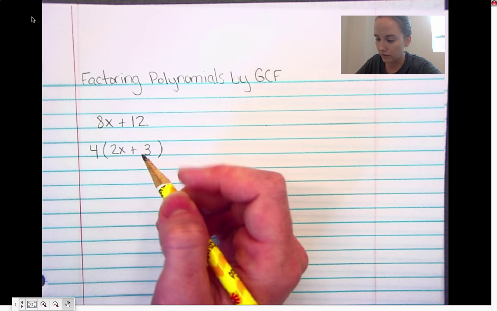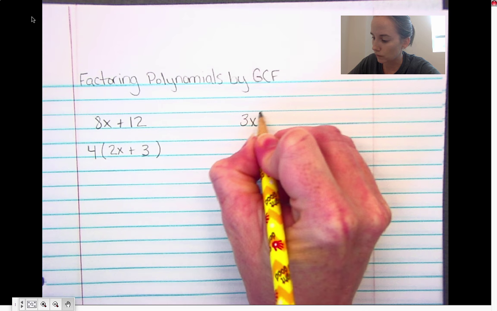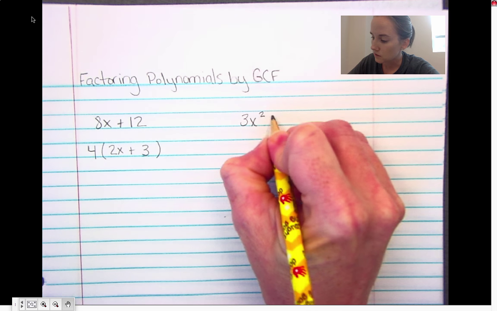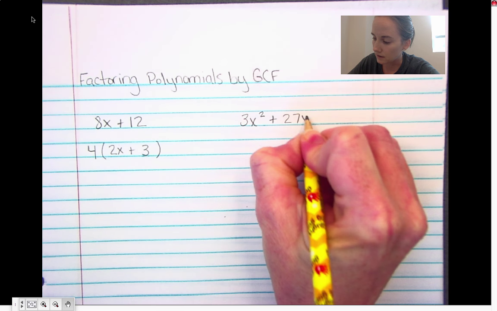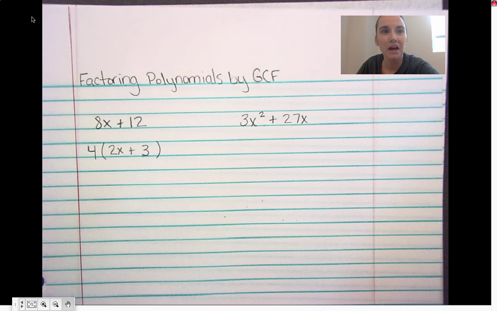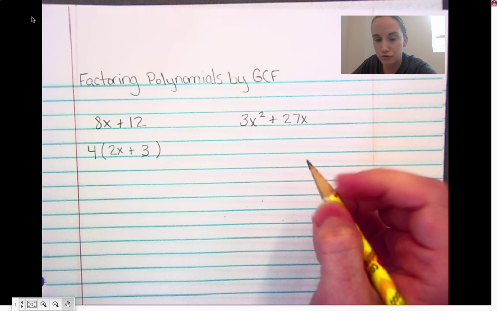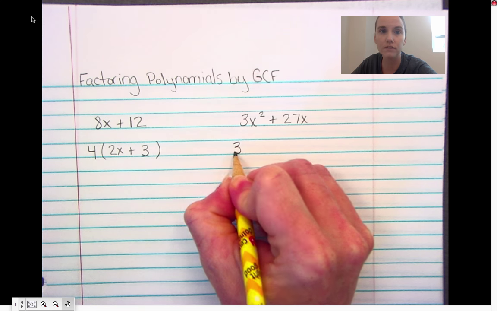Now, to factor with variables, let's say you have 3x squared plus 27x. Looking for the GCF of both numbers, if I were just looking at the numbers, the GCF for the number part is 3, so I can bring the 3 out front.